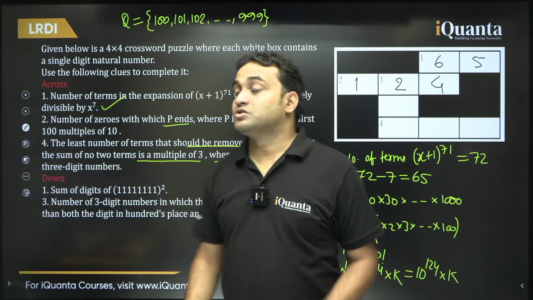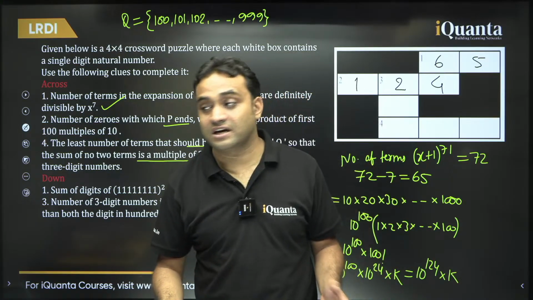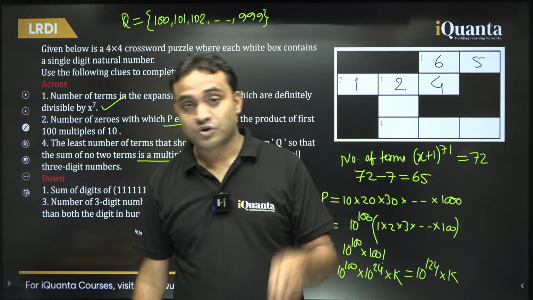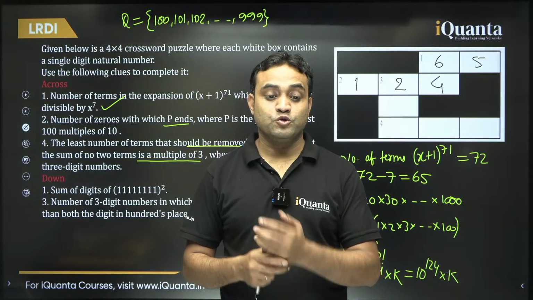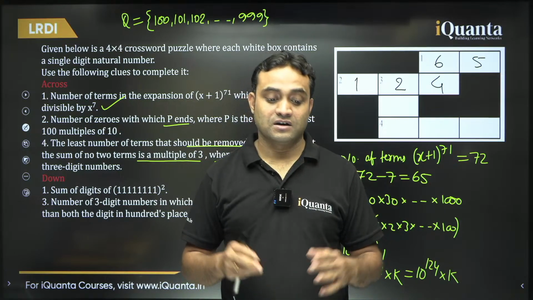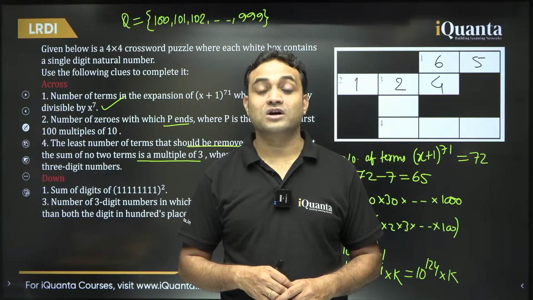How many 3-digit numbers are there? 900. We are taking two numbers from these 900 numbers such that the sum of those two numbers is not a multiple of 3.